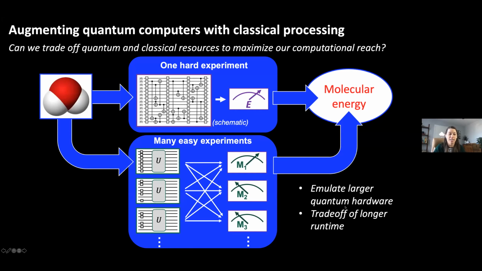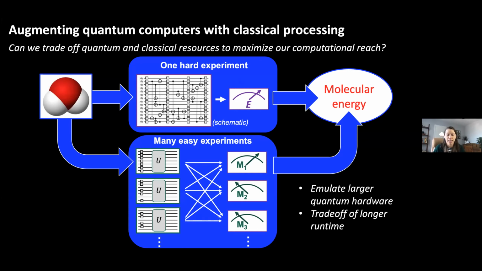And then the last experiment I want to mention is just a teaser of something that we're working on now, which is trying to reduce the problem size of simulating a molecule on many qubits by splitting up the problem into many smaller experiments.